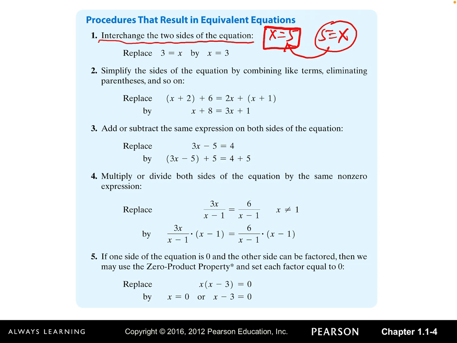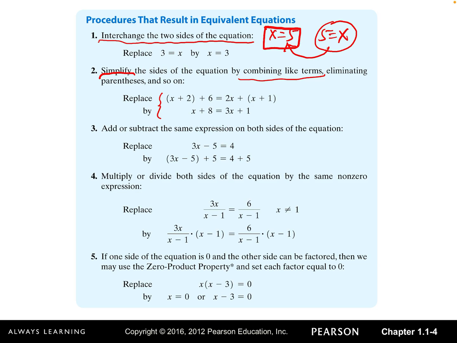The second procedure is called simplify. Simplify does not change the equation, which means the equation remains equivalent. Simplify may include combining like terms or eliminating parentheses. You can read this simple example. The third one is called the addition principle of equality.